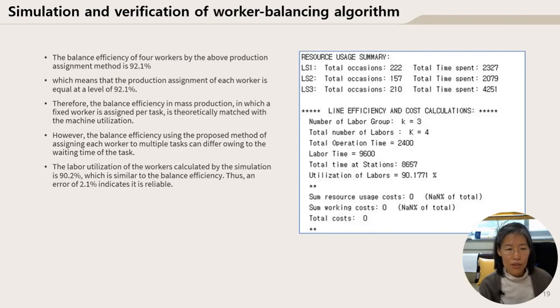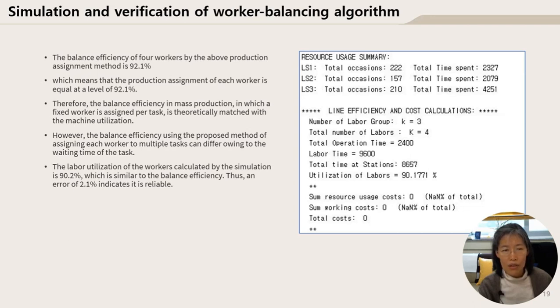The balance efficiency of 4 workers by the above production assignment method is 92.1%, which means that the production assignment of each worker is equal at a level of 92.1%. Therefore, the balance efficiency in mass production, in which a fixed worker is assigned per task, is theoretically matched with the machine utilization.